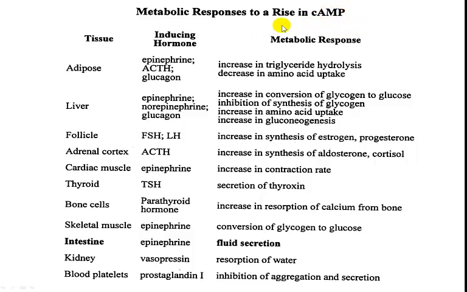So this makes us think that there is a collective situation within a target cell where cyclic AMP is used as a second messenger system, and it depends upon the expression of other proteins downstream of the cyclic AMP to determine the metabolic response or the cellular response.